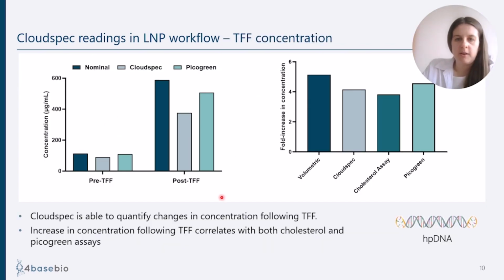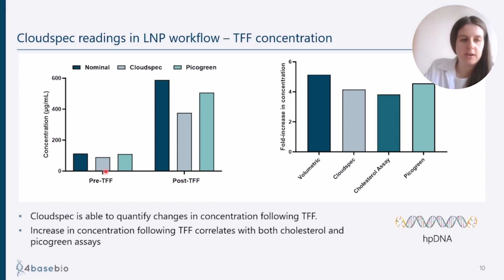Also, part of our normal workflow might be to TFF concentrate the nanoparticle. So to give you an idea of what that looks like on the CloudSpec, here again you can see the nominal concentration. In this case, we are encapsulating plasmid DNA, so we're using a PicoGreen rather than a RiboGreen assay, which is a very similar reagent, but it binds to double-stranded DNA rather than mRNA, which is what RiboGreen is optimized for.